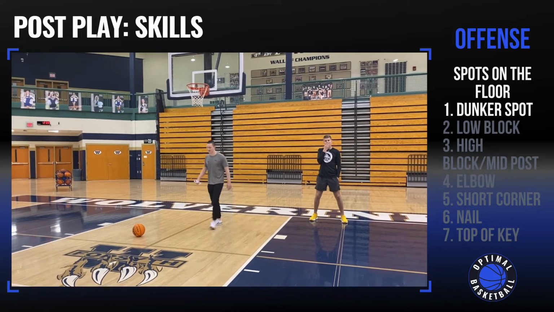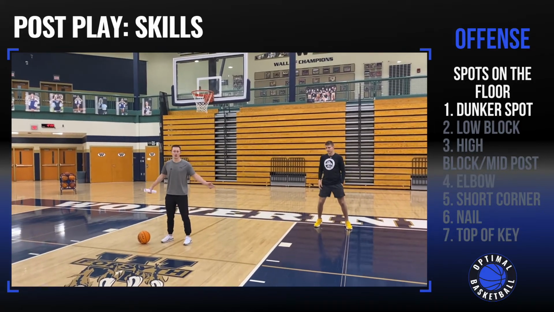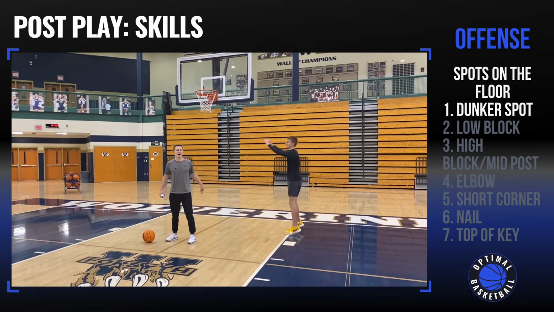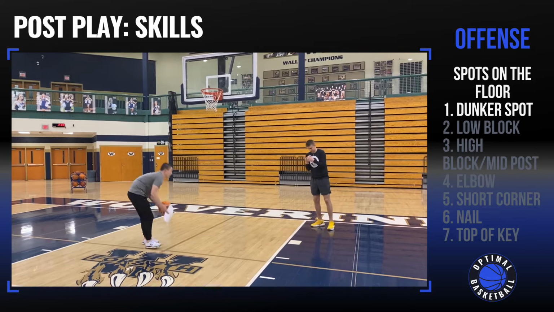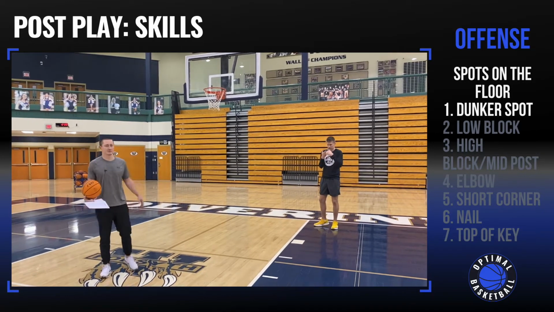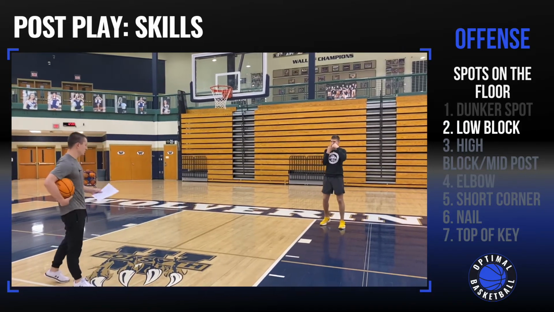On the other hand, if I'm the defender and I stay up here, well, now he's able to play behind me and also create rebounding position. So all these spots could be on either side of the floor, but that's the dunker spot. Now let's go to the low block.